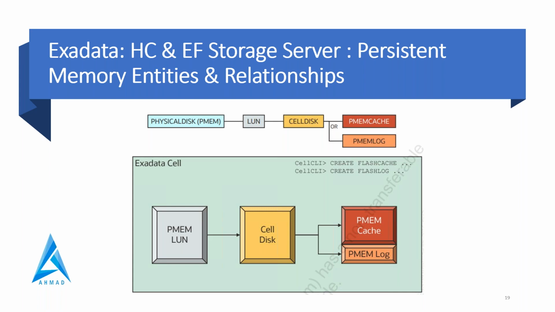By default, nearly all the available space on each PMEM based cell disk is allocated to Exadata Smart PMEM cache. Only a small portion is allocated to logs. So in the same way as flash cache and flash log, you have PMEM cache and PMEM log.